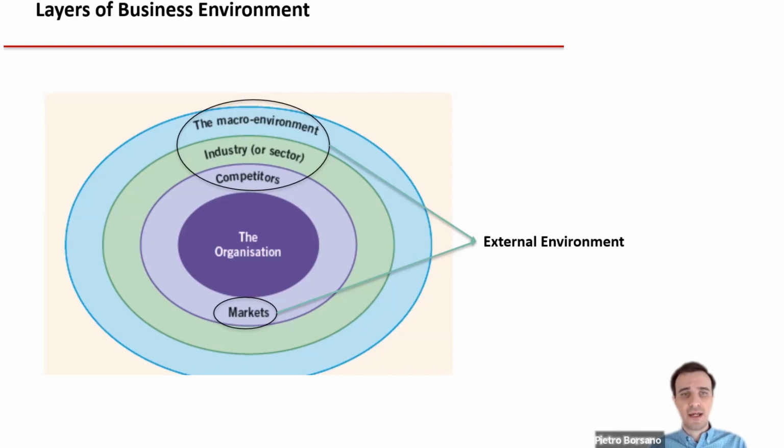This is essentially the specific marketplace in which you are competing. In each industry, there will be similar companies offering similar products or delivering similar services and competing against one another.